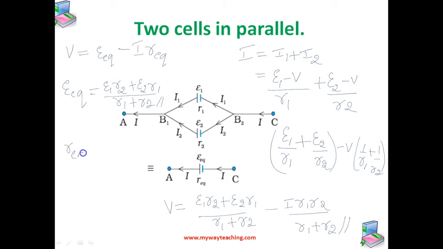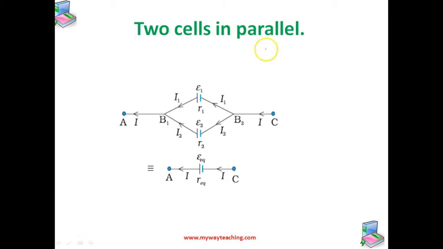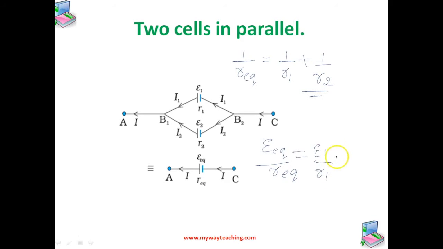And this R equivalent is given by this, so this will take the form of this.